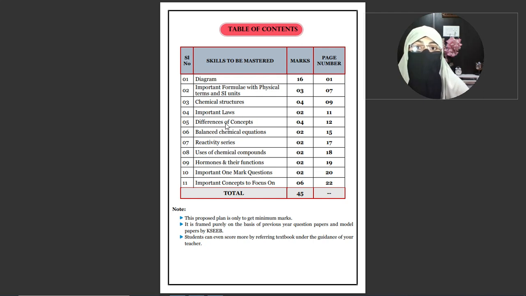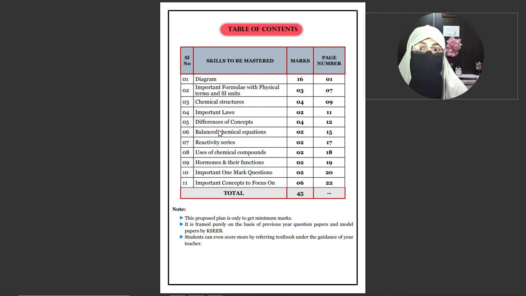Then coming on to the differences. The difference concepts that the students have to study, even that part I have already mentioned in my previous video about the most probable questions in science. And in this video also I'll be sharing the difference concepts.